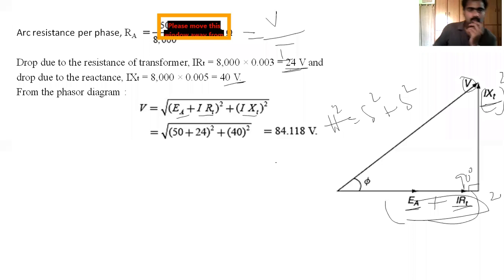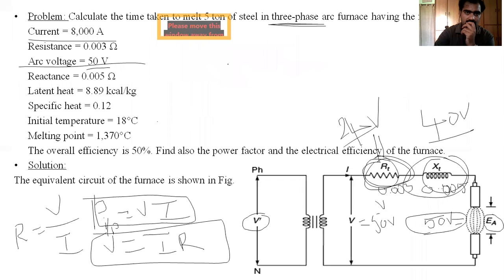Now the next step, the main thing, is we have to calculate the heat requirement: how much heat is required to melt the metal per kg. He has given the total weight, that is 5 tons, but he has given the latent heat per kg, not for the total weight.